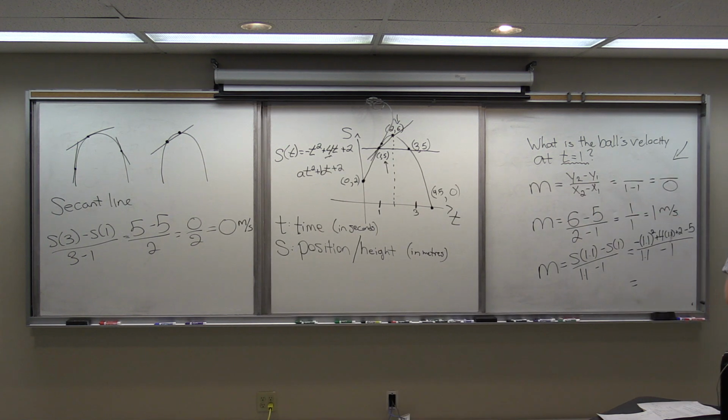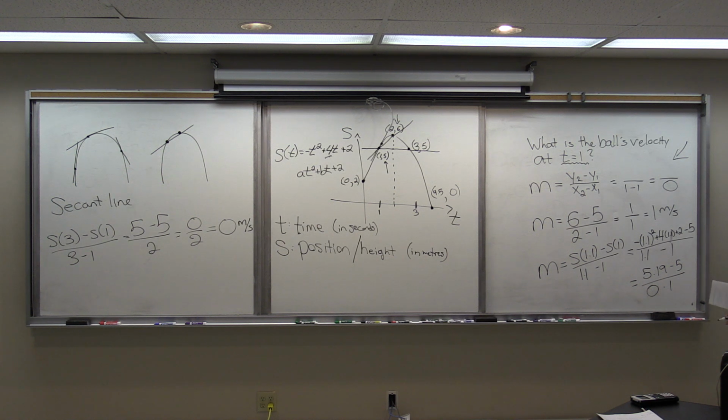negative 1.1 squared plus 4 times 1.1 plus 2 should give you 5.19. So we get 5.19 minus 5 divided by 0.1. Now, again, not expected to do that in your head.